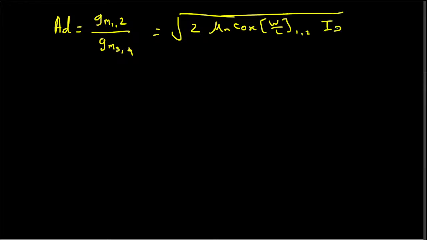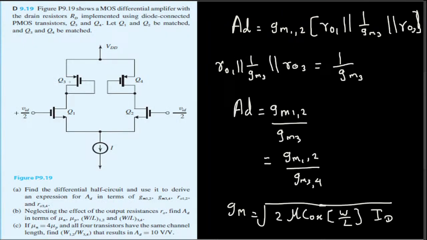They also mentioned equal current flow, since it's matched. The current is going to be the same, because whatever current comes in here should be the exact current here as well, because there's no current through the gate. Whatever comes in the drain is exactly what goes out here.